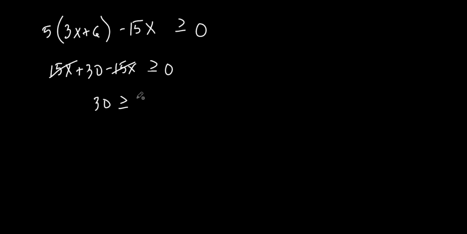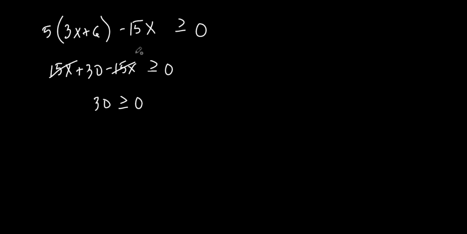Now look at this one though. Is 30 greater than or equal to 0? It's not? Or. It doesn't say and, it says or. Greater than or equal to. Yes, it is greater than. And you're right, it's not equal to 0, that's true. But the key word is or. So yes, 30 is greater than or equal to 0. So this is true.